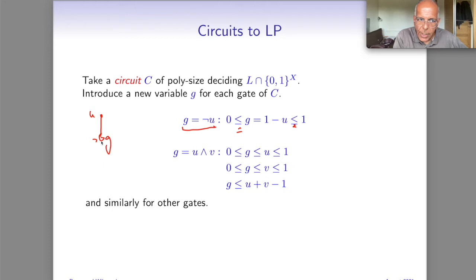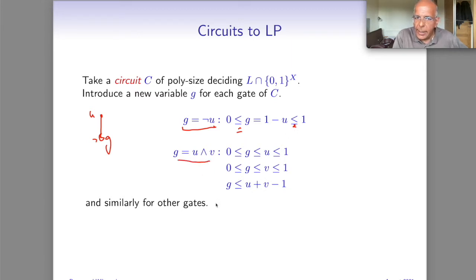So this is g, and it's a NOT gate. We add the constraints that g is equal to 1 minus u, and g is greater than or equal to 0 and less than or equal to 1.